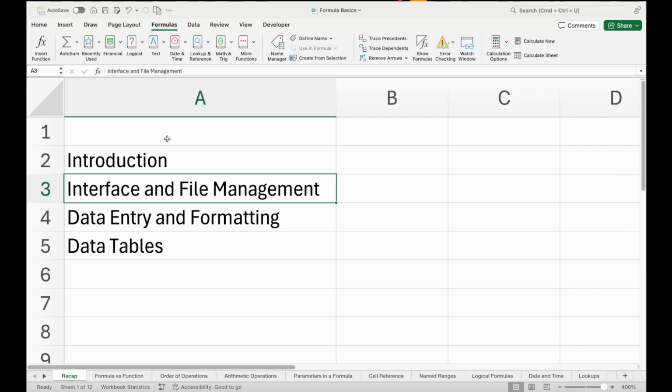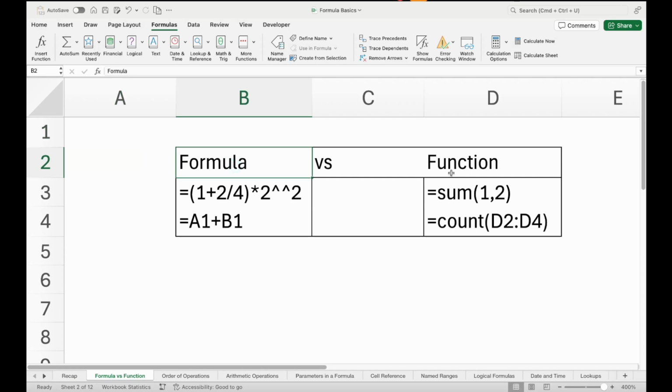So let's deep dive into what is a formula and what is a function, right? A formula is something that you formulate from scratch and you do not use any predefined functions. What I mean by predefined is that in Excel we have a lot of formulas.